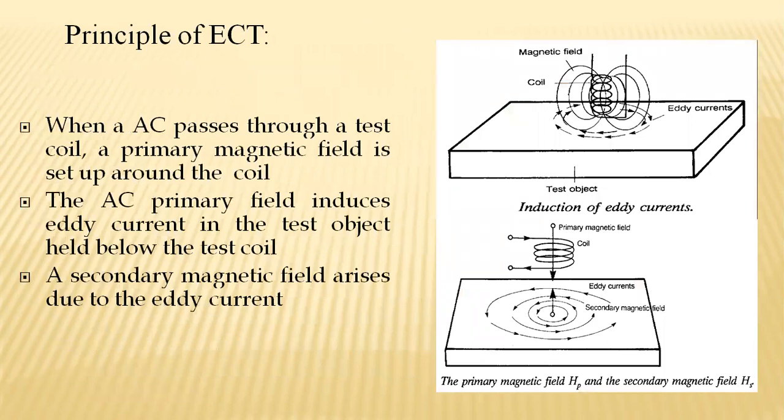Coming to the basic principle of the eddy current testing process, a magnetic coil will be given, and the input of AC power supply passes through that particular coil as a primary magnetic field set around the coil.